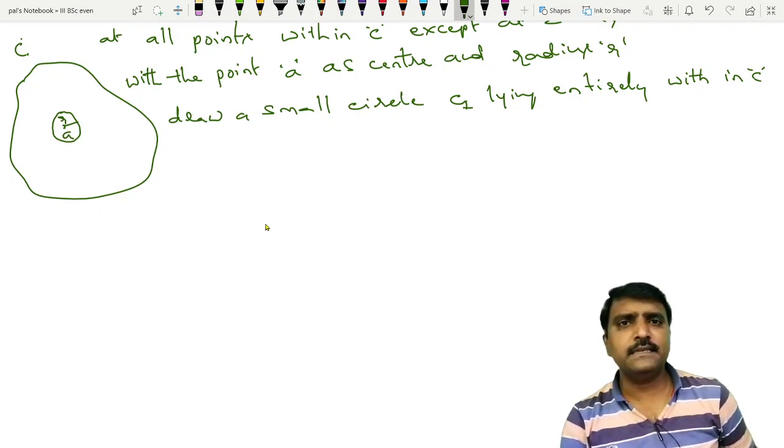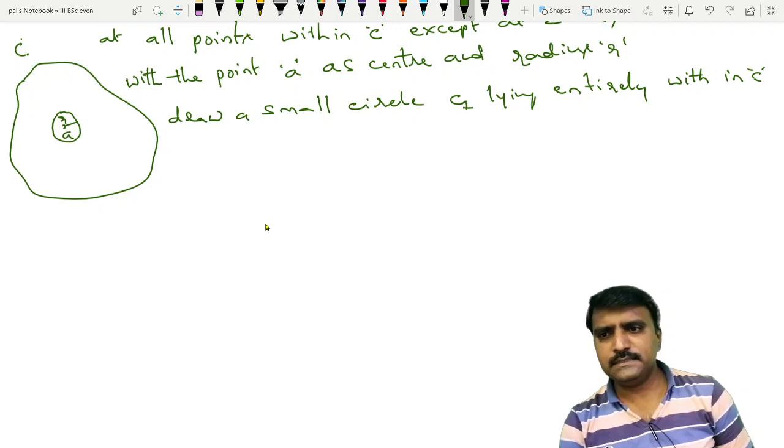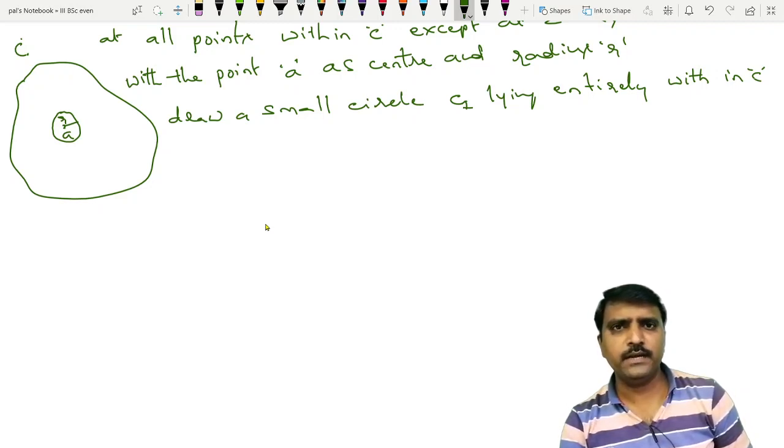Here f of z by z minus a is analytic in this region, in this closed contour, because z is equal to a is not present here. It is outside this region.